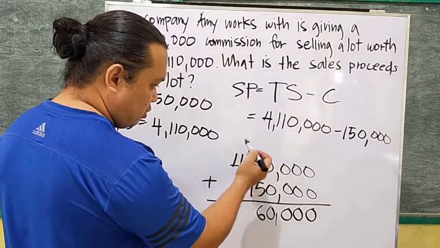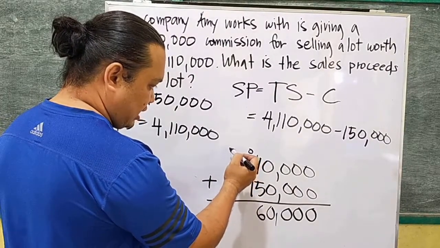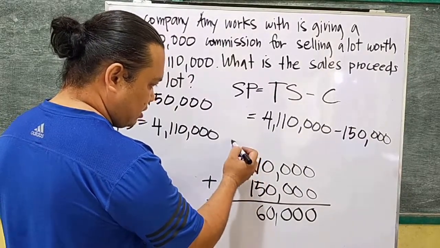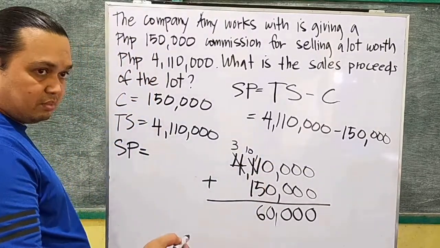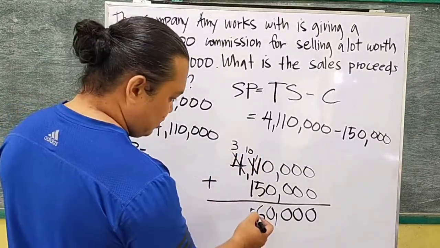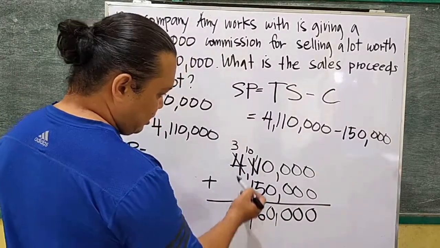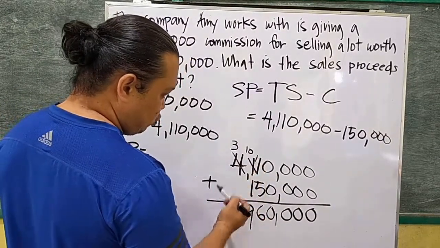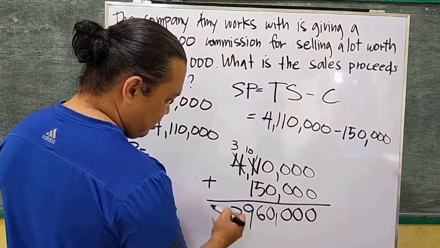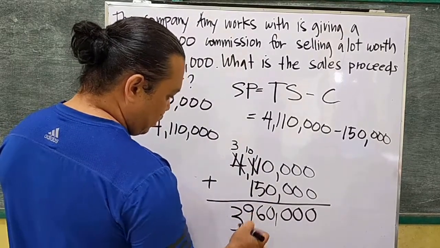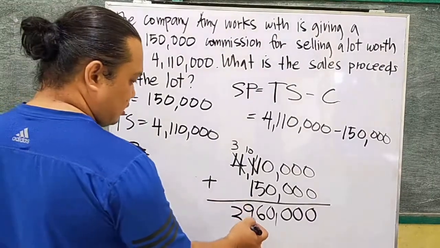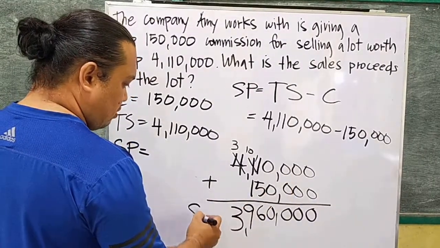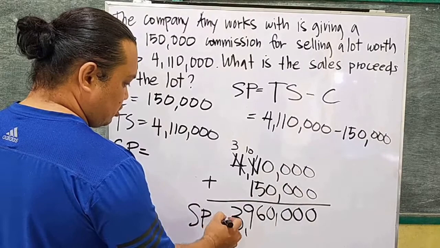So 0 will borrow 1 from 4, the next digit. So 4 will become 3 here. 0 will become 10. So we can now subtract. Now 10 minus 1 is 9. And this is already 3 because we have borrowed 1 from it. So we have 3. So the answer is 3,960,000 for our sales proceeds.